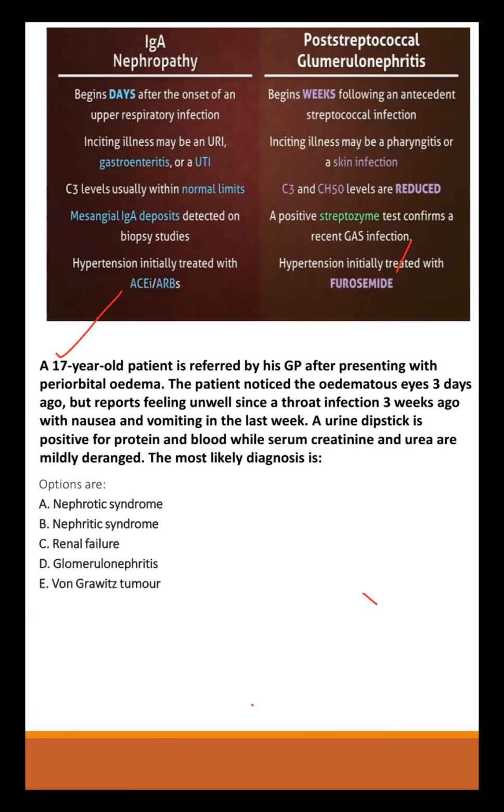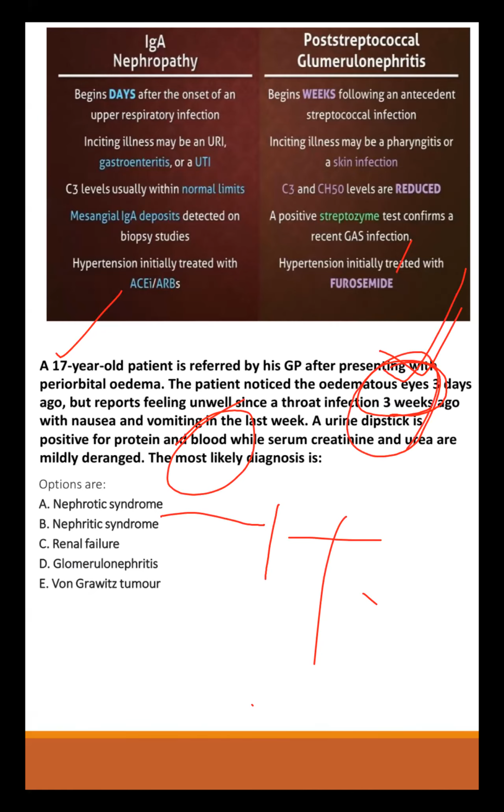The duration is 3 days after throat infection. 3 weeks. And there is blood. In nephrotic, no blood, so it must be nephritic syndrome. No, it's 3 weeks. Okay, ma'am. So this must be glomerulonephritis because there is blood in urine.